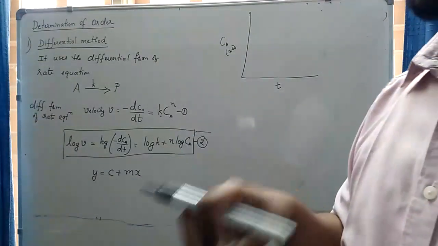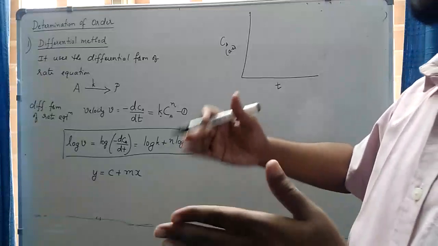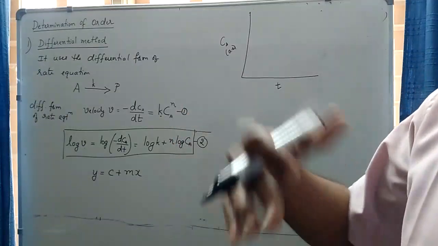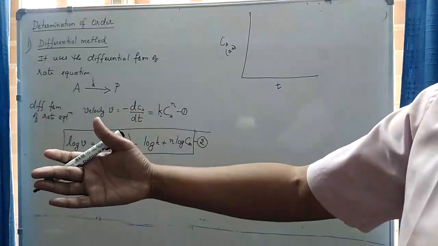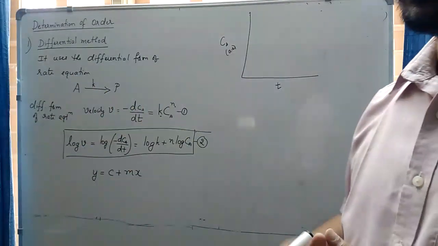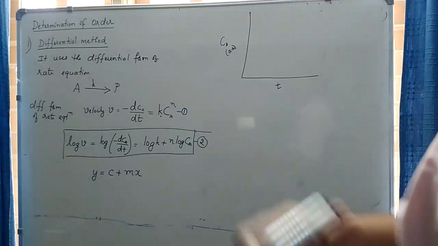In that particular experiment, at different intervals of time, you determined experimentally the concentration of acetic acid that is produced in the reaction, by volumetric titration.